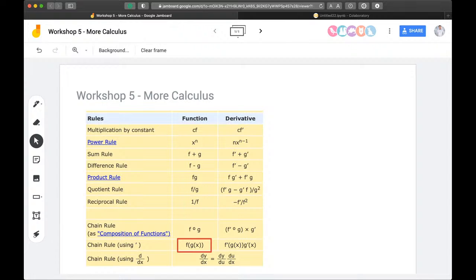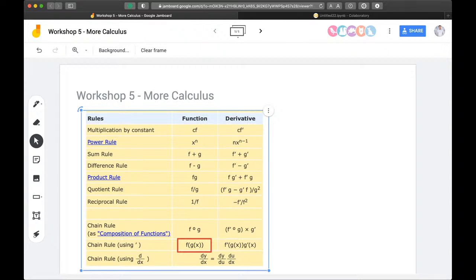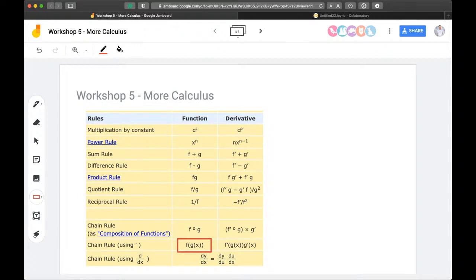And then this is how you would do the derivative, and these primes here actually mean the derivative of that element. In this case, the first element is with regards to g(x), and the second with regards to x.